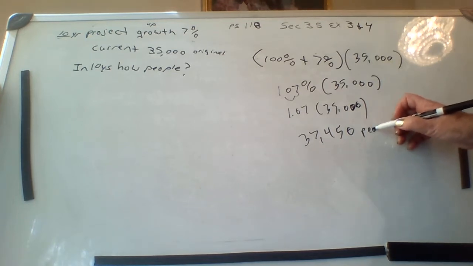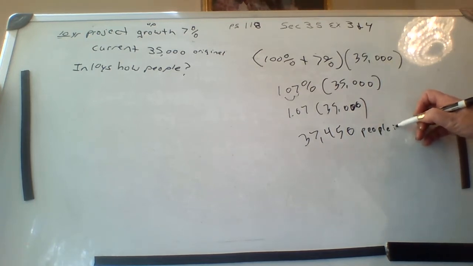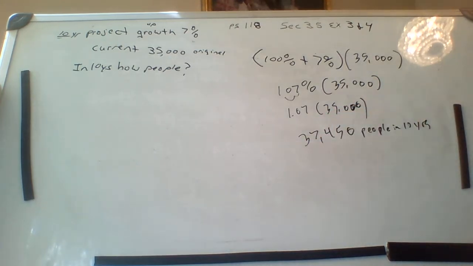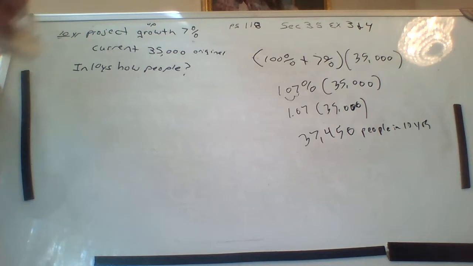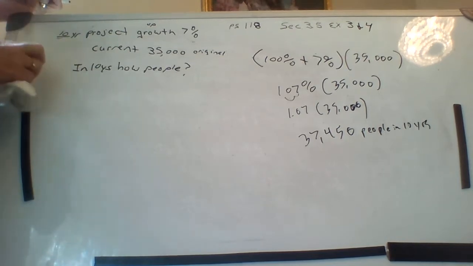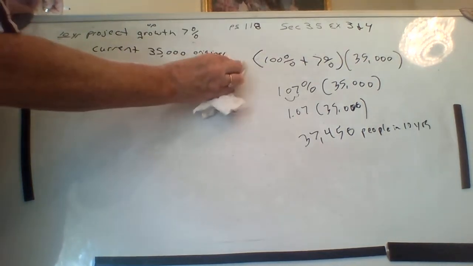The story problem, people in 10 years, or the population will be 37,450 people. All right. So we don't have to do that percent change and deal with ratios when the increase or the decrease is represented by percents.